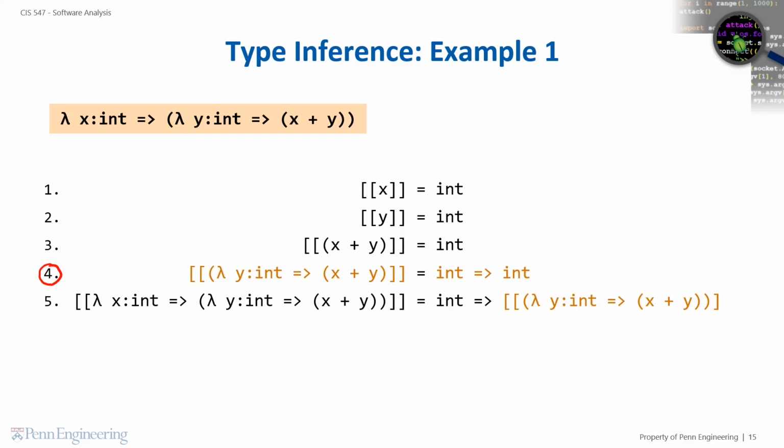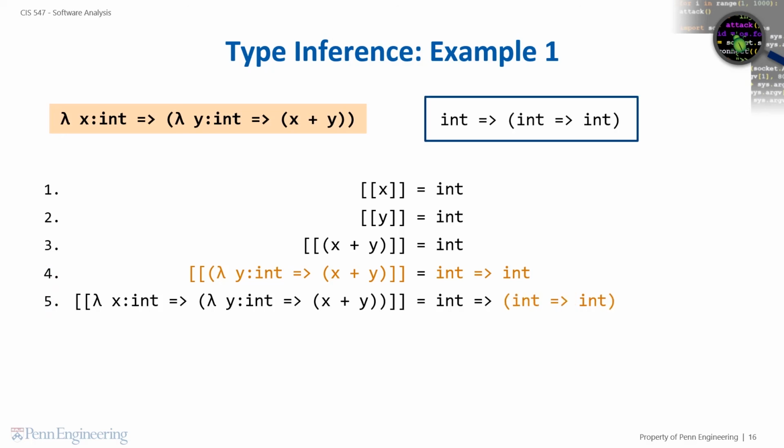The left-hand side of constraint 4 occurs in constraint 5. So we substitute it with int arrow int to obtain this. This substitution has given us the type of the entire program, int arrow int. It is a function which takes an int and returns a function that takes an int and returns an int.